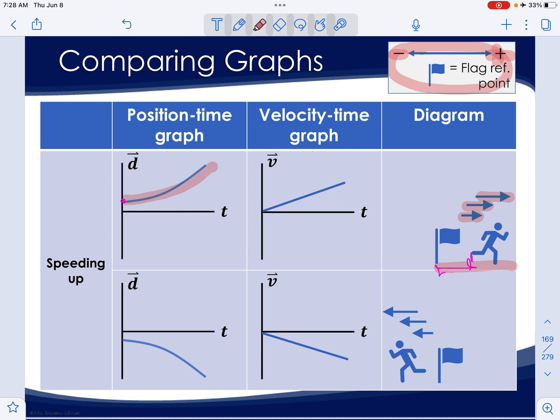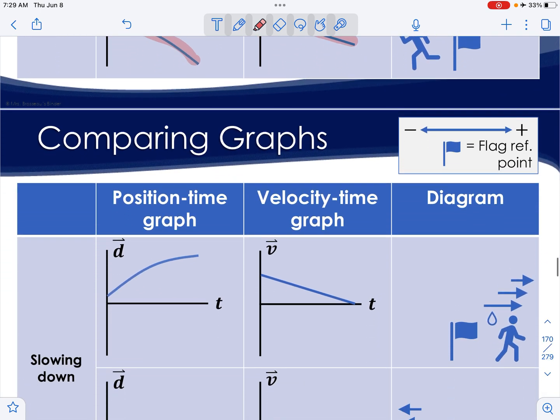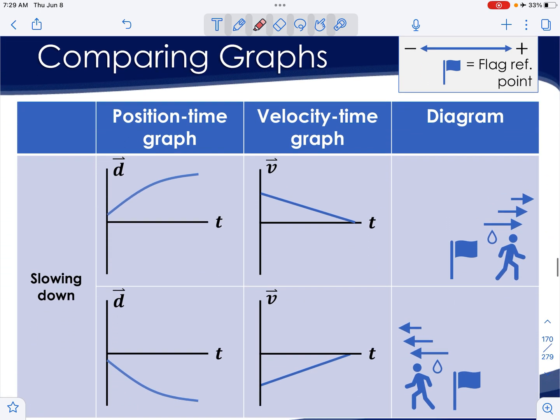The velocity started from rest, so it started at 0 because he started at rest, and then it increases at a constant rate. And this is again the reverse: he's going the opposite direction, so everything is just flipped around the t-axis.